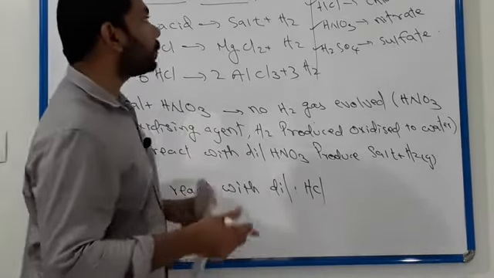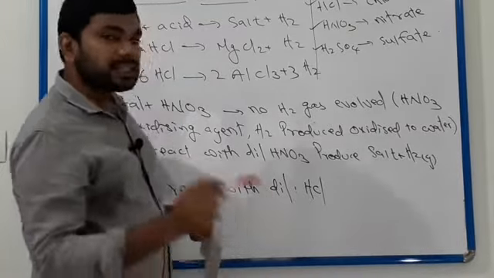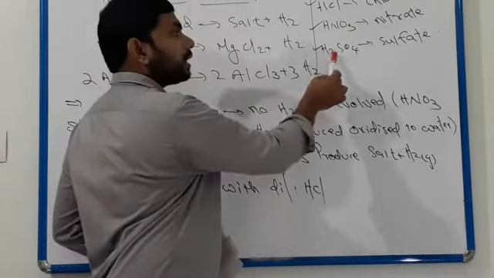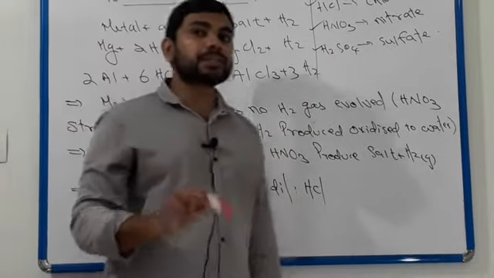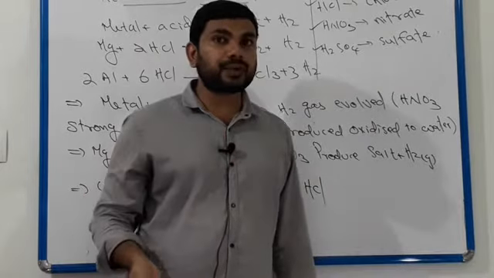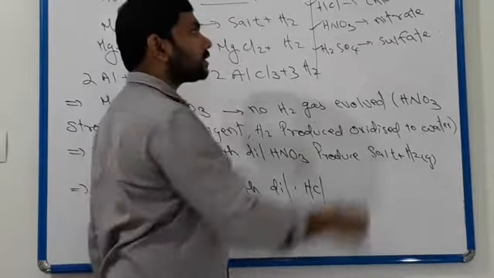Similarly you can say sodium reacted with nitric acid gives sodium nitrate. Okay, calcium reacted with nitric acid gives calcium nitrate. Also with sulfuric acid, calcium reacted with sulfuric acid gives calcium sulfate. Magnesium reacted with sulfuric acid gives magnesium sulfate. So you can name this salt accordingly.